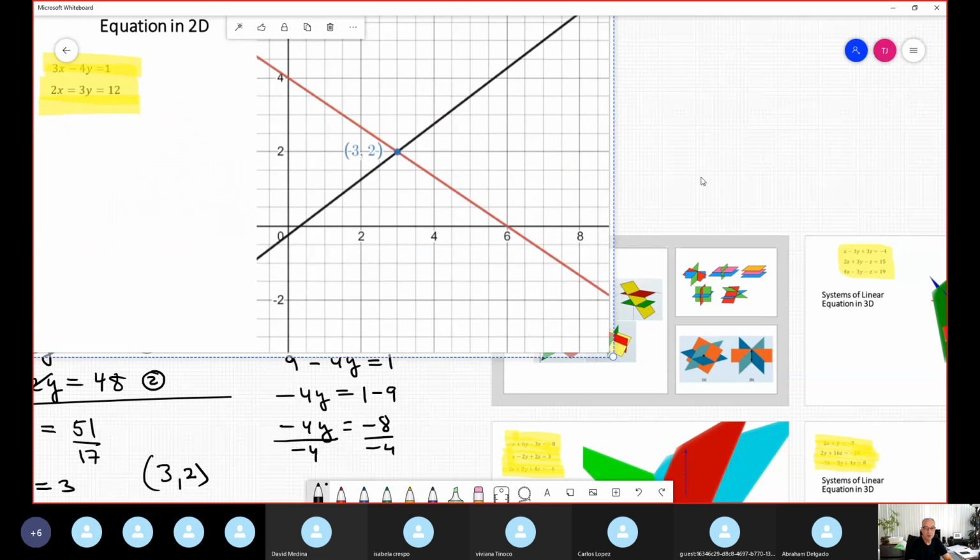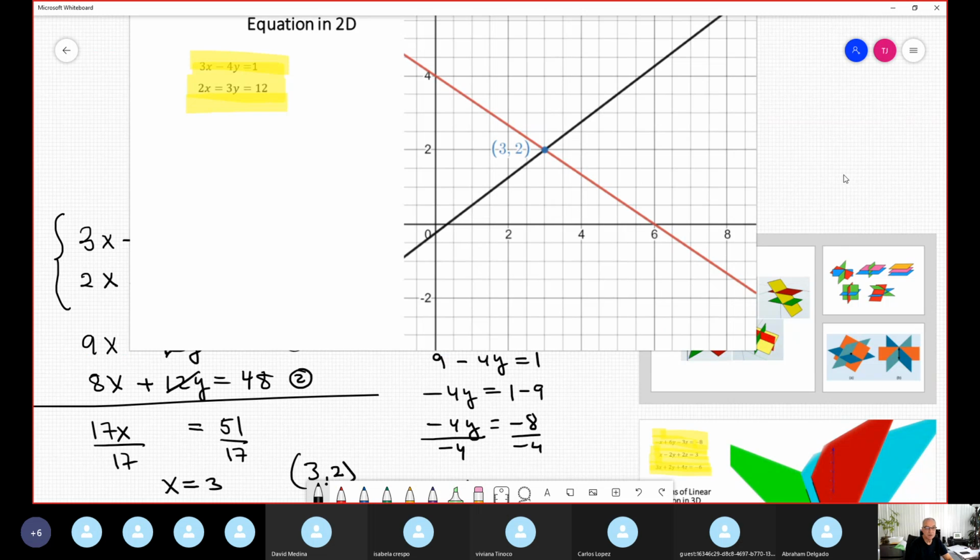Okay, this is the system we solved before. We have two equations, number 1 equation and number 2 equation. I suppose number 1 is the black one, number 2 is the red one, and the solution is one point.